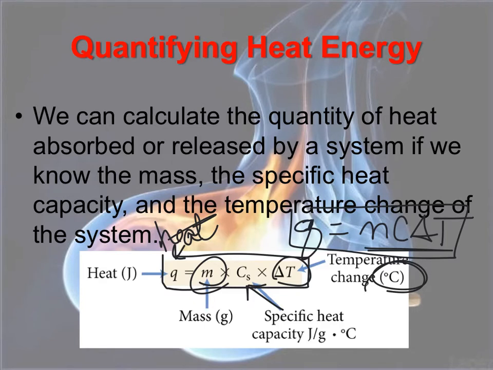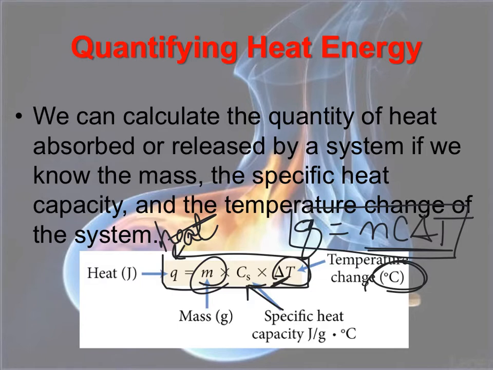Now, you may need to prove this to yourself, or you can just take my word for it. Even though the absolute Kelvin and Celsius are different, so if you have 100 degrees Celsius, that is 373 degrees Kelvin, they are different. However, if you're talking about the change in temperature, delta T for Celsius is identical to delta T for Kelvin.